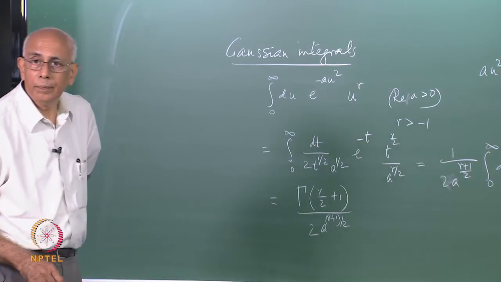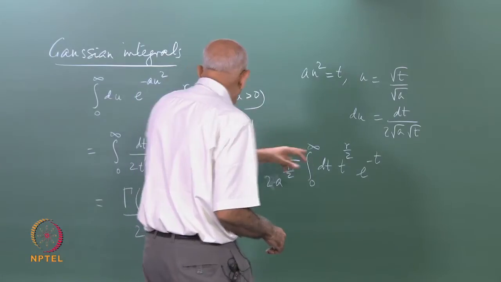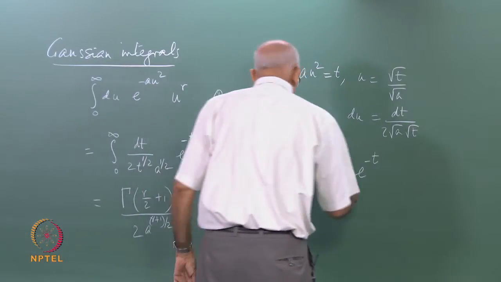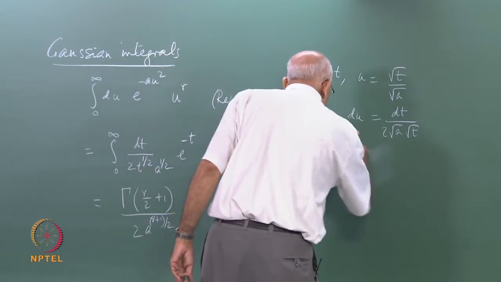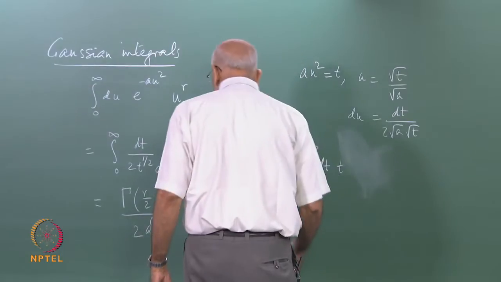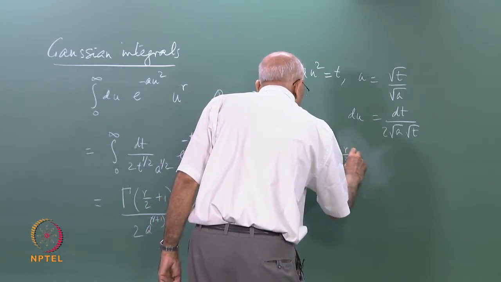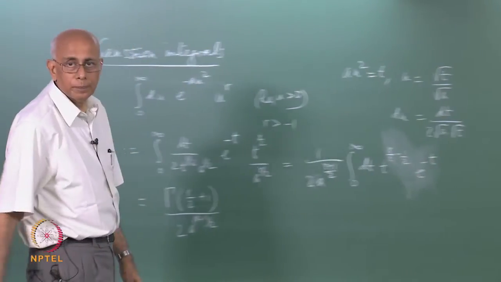Pardon me? T to the power r minus 1 by 2. T to the half in this term. T to the power here, is it? Ah yes, that is right, because otherwise it becomes independent of r. I was wondering where this went. Yes, t to the power of r over 2 minus a half, thank you.